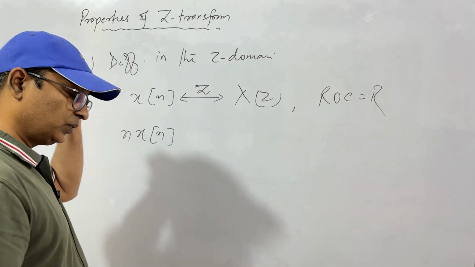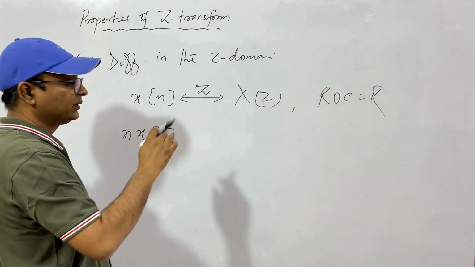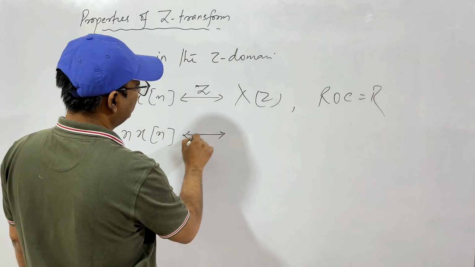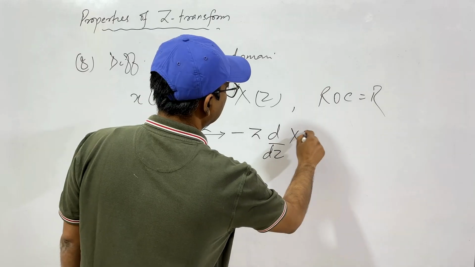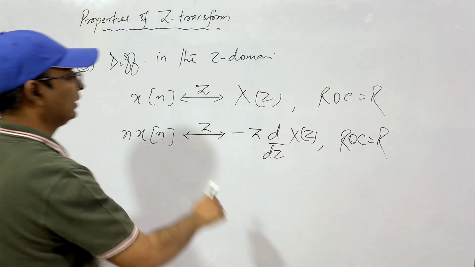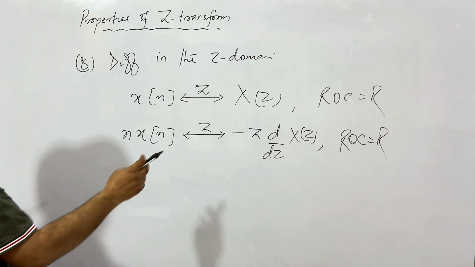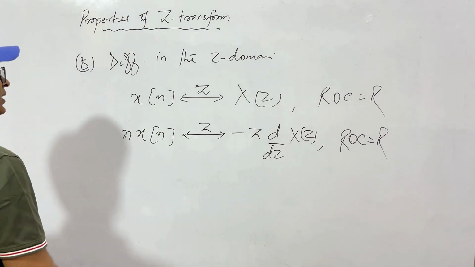If you want to go into detail, you can go to my mathematical treatment of Z transform, where we have solved several examples. The transform pair is minus z d by dz of X(z), and the region of convergence is R only. This is also very helpful. If you know X(z), you can go from this to this.